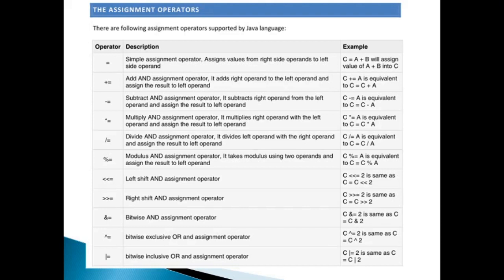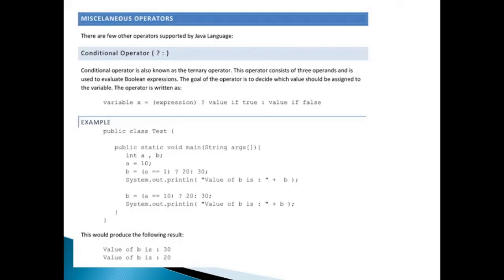This can also be performed with the multiply, divide and modulus operators, and it is also true for the left shift and right shift operators, and the bitwise AND, bitwise OR and bitwise inclusive OR operators. So these are primarily the whole bunch of operators that can be used in Java.